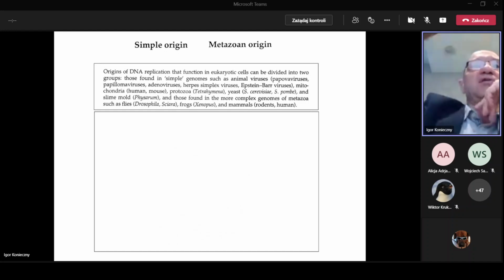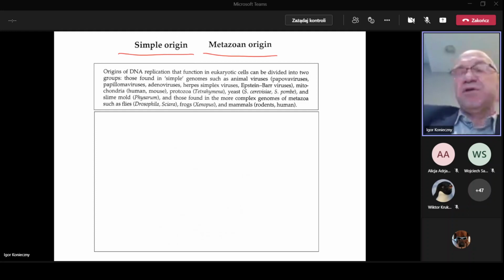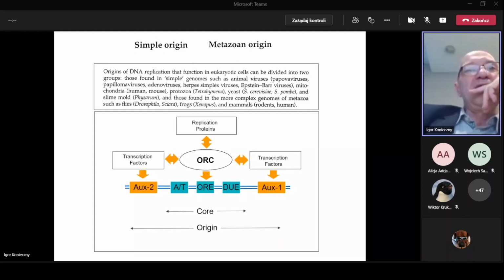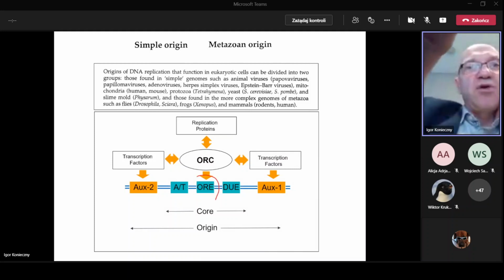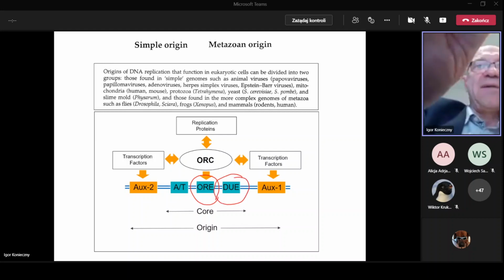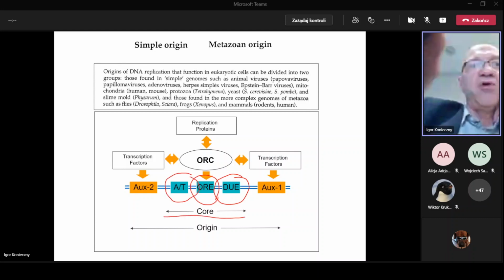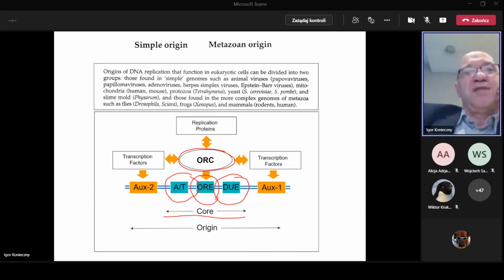We may consider simple origins or metazoan origins, and it depends on the structure, but no matter what, it's going to be origin recognition element, DNA unwinding element, A plus T rich site, and this is just the core of the origin, and it's bound by the origin recognition complex, so replication initiation proteins, which form the complex at the origin recognition element.